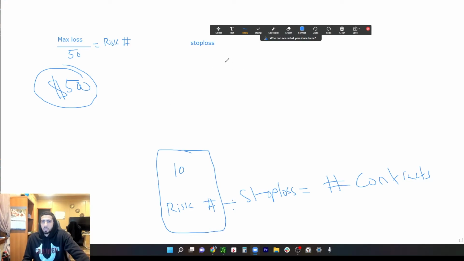And then next is my stop loss. So if I'm entering here and then I'm getting out here, that distance is my stop. So let's say I am getting a call when the stock is at 52 and I'm getting out if it goes to 51, that distance or that stop loss is 1.